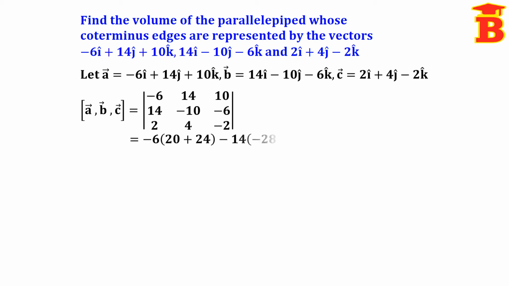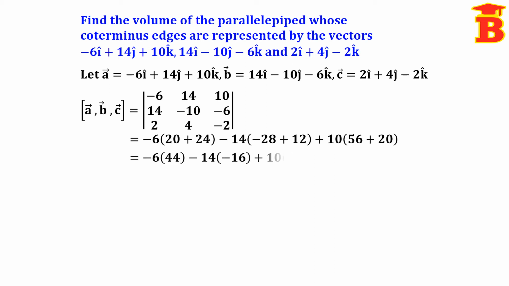This is equal to minus 6 into right multiply minus left multiply, that is 20 plus 24, minus 14 into minus 28 plus 12 plus 10 into 56 plus 20.